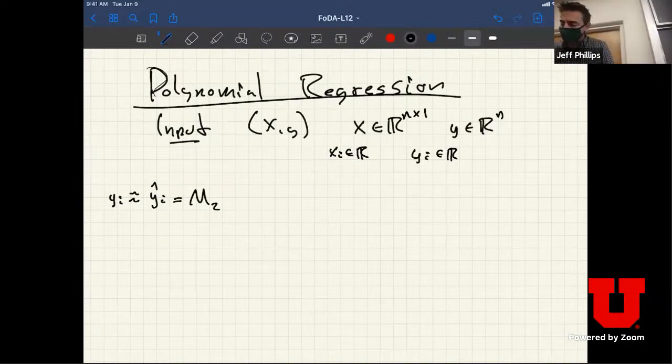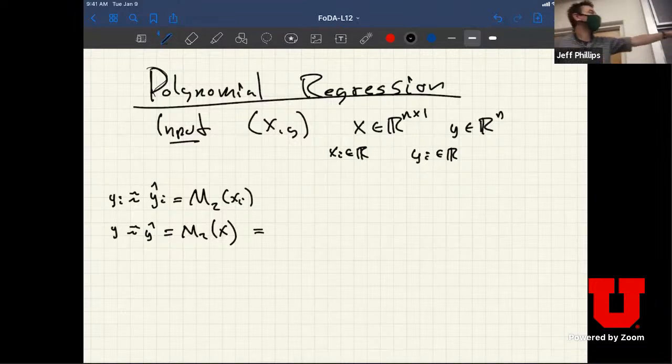So let's say y is approximately y hat m2 of x. I'm going to drop the i subscript here because we're going to want to use this subscript to do something else. So this model is going to be a polynomial model, and the 2 is going to say I want it to be a polynomial of degree 2.